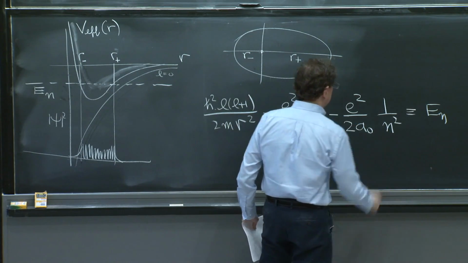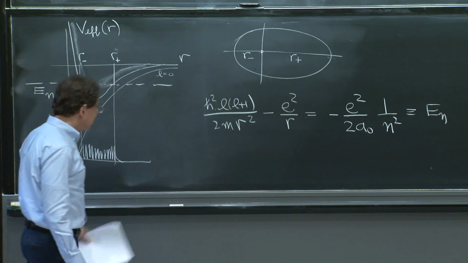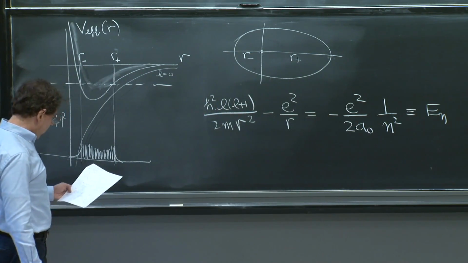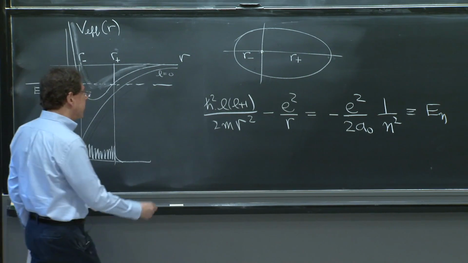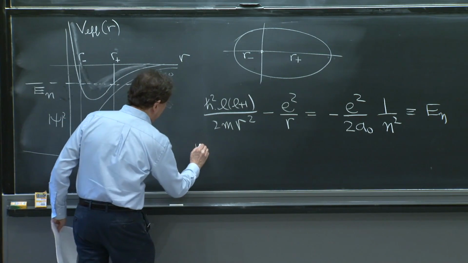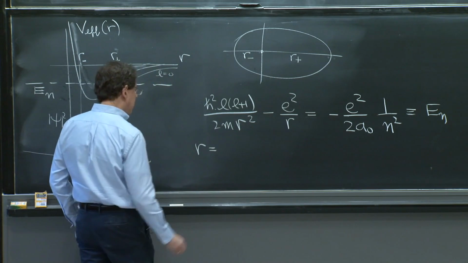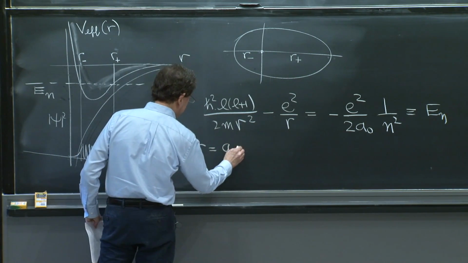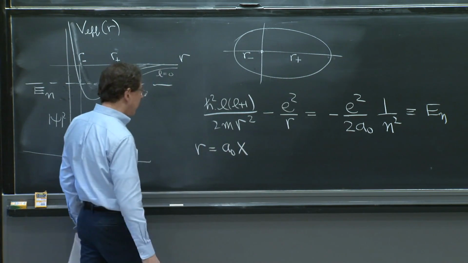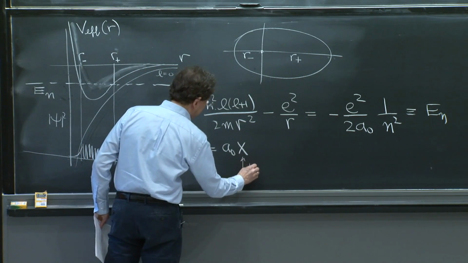So it's probably worthwhile to do a little transformation and to say r equals a0 times x, where x is unit free.